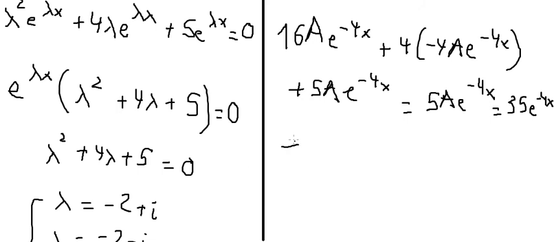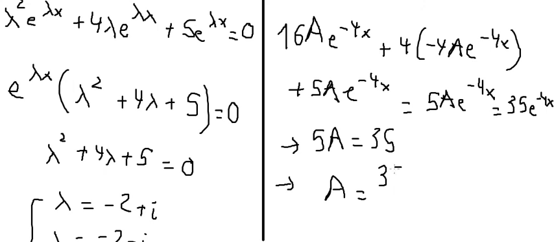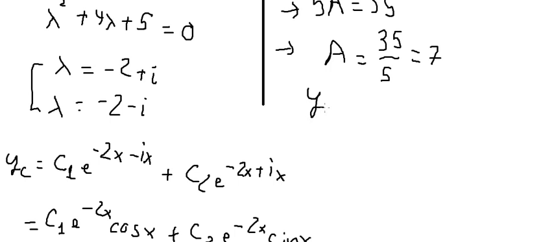That means we have 5A equals 35. So we divide both sides by 5, and you get A equals 35 divided by 5, which is 7. So yp should be 7 e to the power of negative 4s.